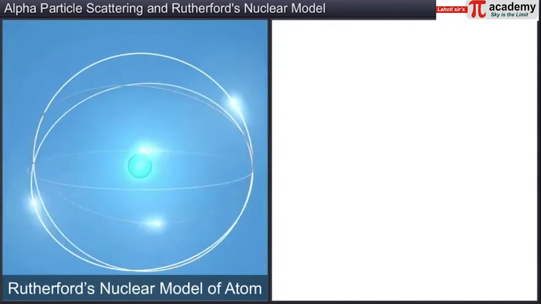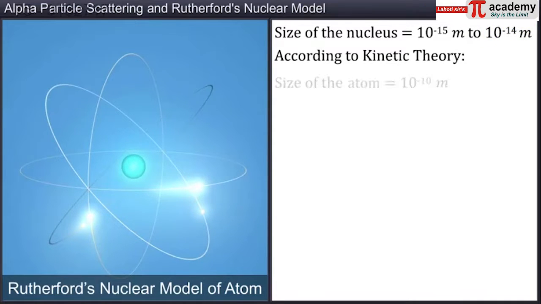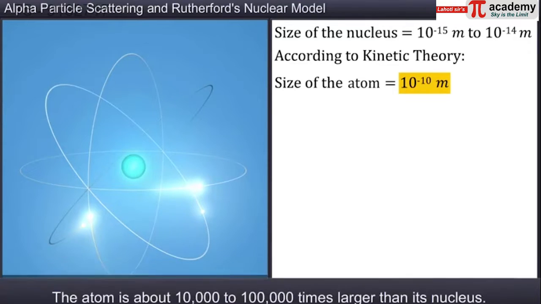Based on Rutherford's experiments, the size of the nucleus was estimated to be around 10^-15 meter to 10^-14 meter. According to the kinetic theory of gases, we know that the size of atom is about 10^-10 meter. So, the atom is about 10,000 to 100,000 times larger than its nucleus.